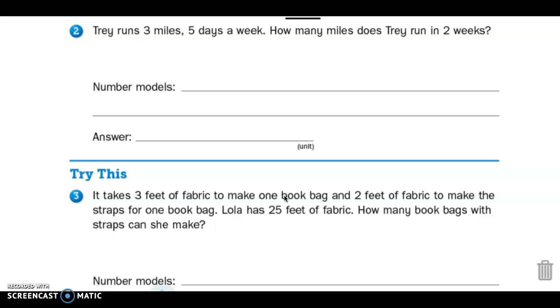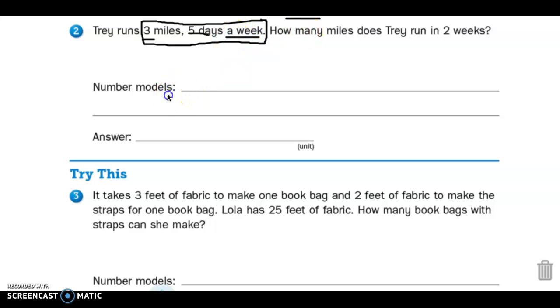Trey runs 3 miles 5 days a week. How many miles does Trey run in 2 weeks? 3 miles 5 days a week. If you come up with a multiplication number problem for this, you would figure out how much Trey runs in 1 week.